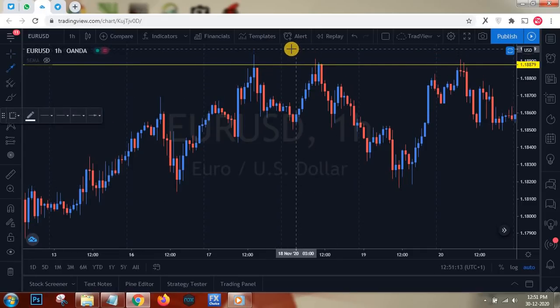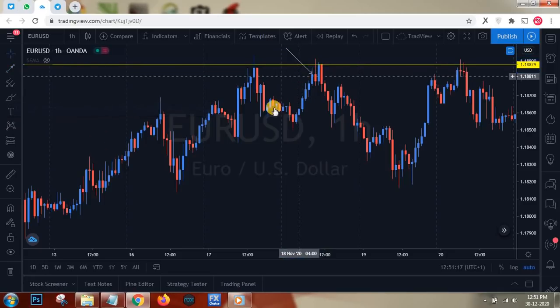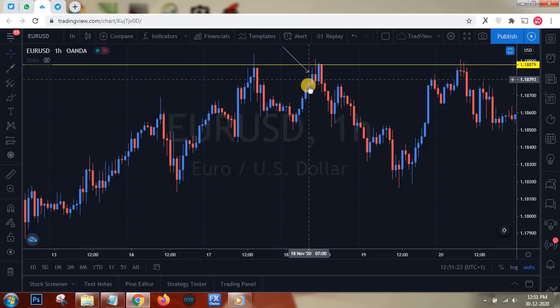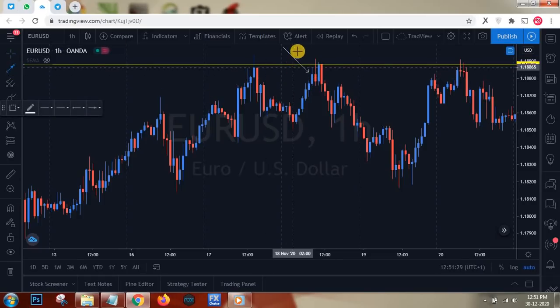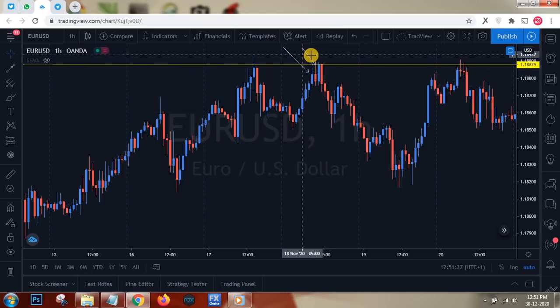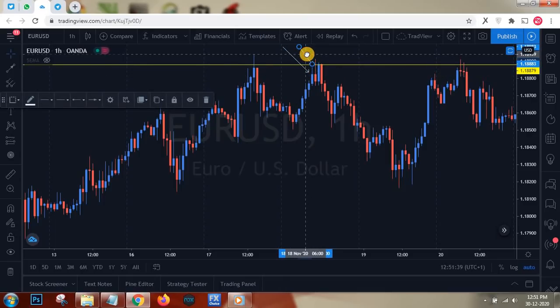This candlestick took 1 hour to form, so I'm going to wait for it to finish forming. After it finishes, I'm not seeing a good candlestick pattern. Now I allow the next candlestick to form, which means I need to wait another extra 1 hour. Now I waited for 1 hour.